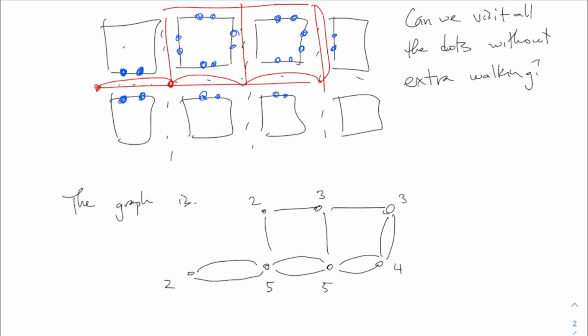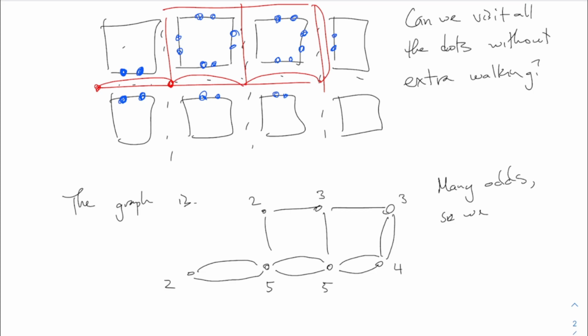I think now you can answer the question. Can we visit all the dots without extra walking? The answer is, show me the thumbs. It is no. I see some strong thumbs in the downwards position. Yes. You cannot do that because I have more than 2 odds, right? I will say there are many odds.